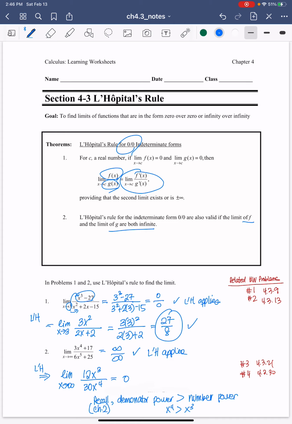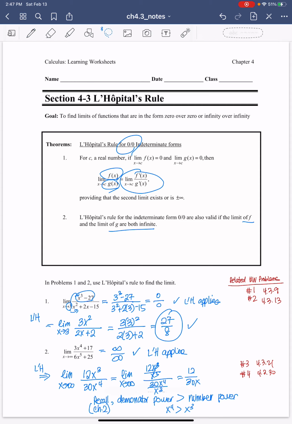Another way to recall this is you can also divide by the highest power, so limit as x approaches infinity. If I divide by x cubed on both top and bottom, so 12x cubed divided by x cubed, 30x to the fourth power divided by x cubed, I'm going to get 12 over 30x.